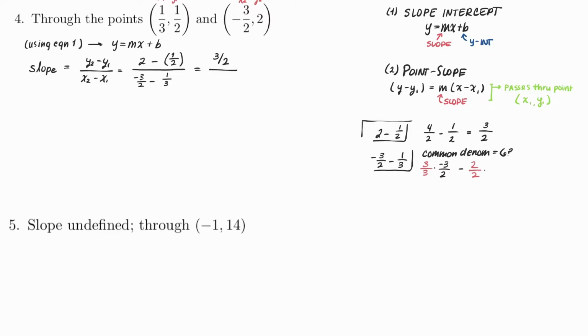Remember from class, this is just a fancy way of multiplying by 1. So -3 times 3 is -9 over 3 times 2, which is 6, minus 2 times 1, which is 2, over 2 times 3, which is 6. So -9 minus 2 is -11 over 6.